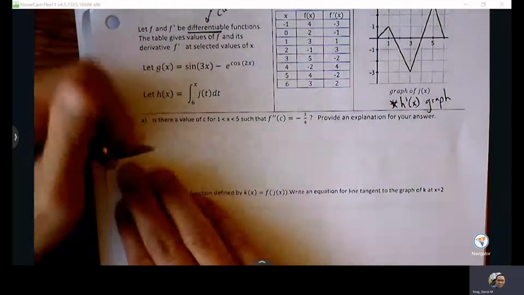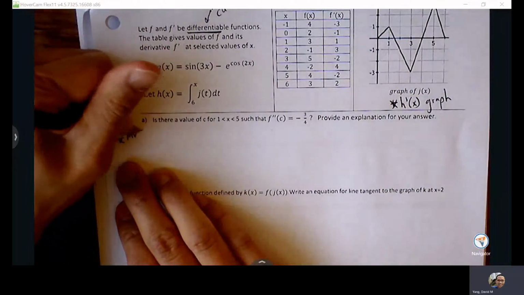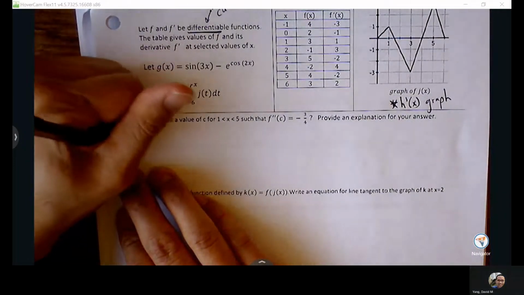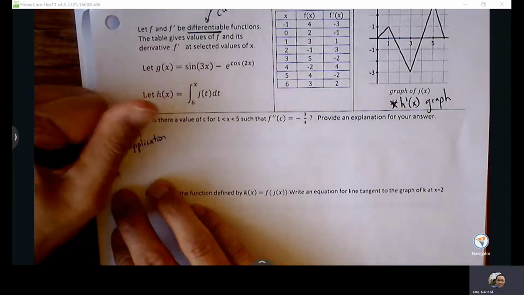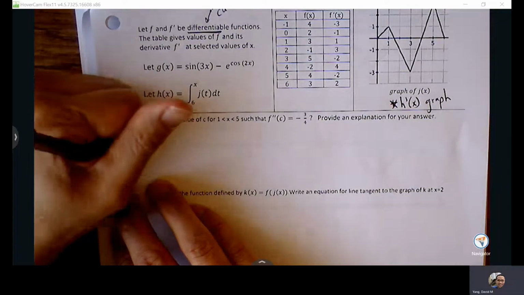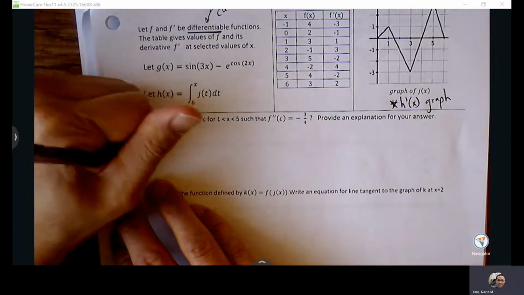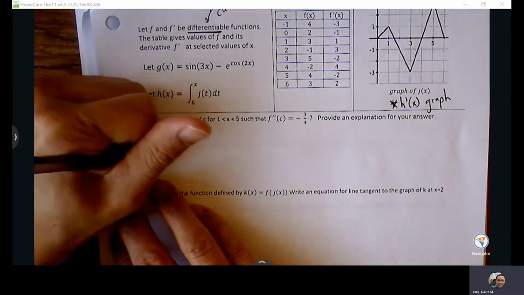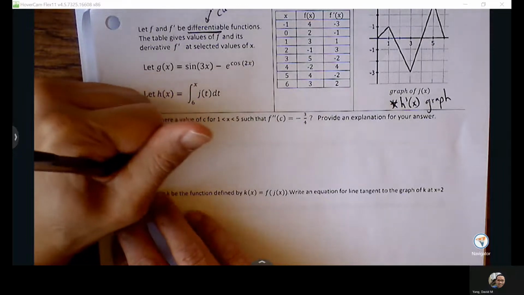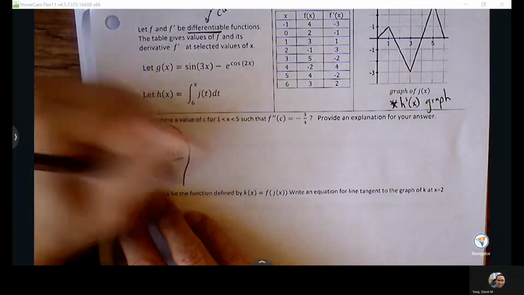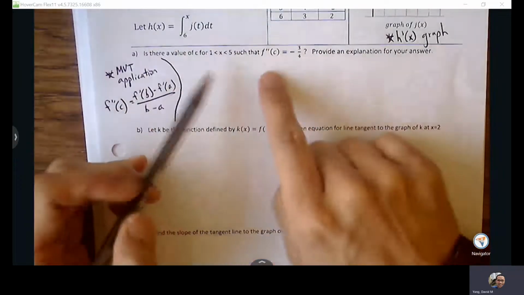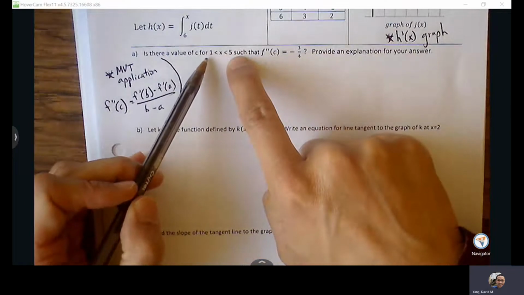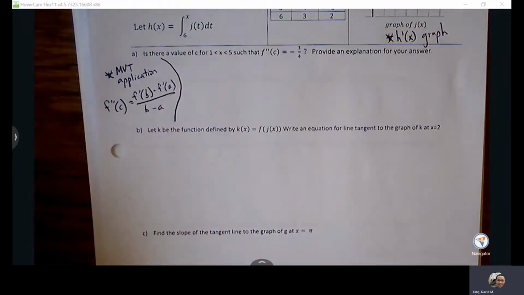So this is my mean value theorem application here. You're always going to be provided endpoints if we need to find a slope between the endpoints.